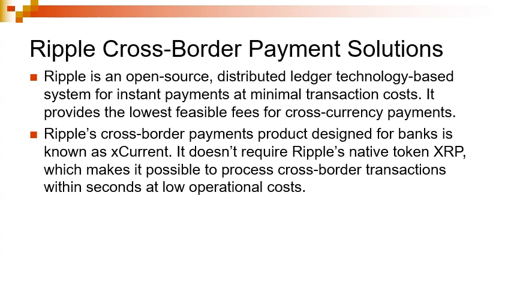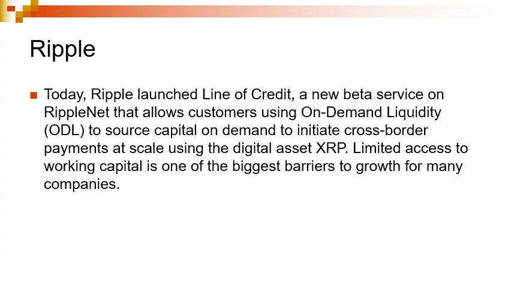Xcurrent does not require Ripple's native token XRP, which makes it possible to process cross-border transactions within seconds at low operational cost. So we can settle overseas payments, international payments within a few seconds at low operational cost. This is the benefit of using Ripple for cross-border payments.